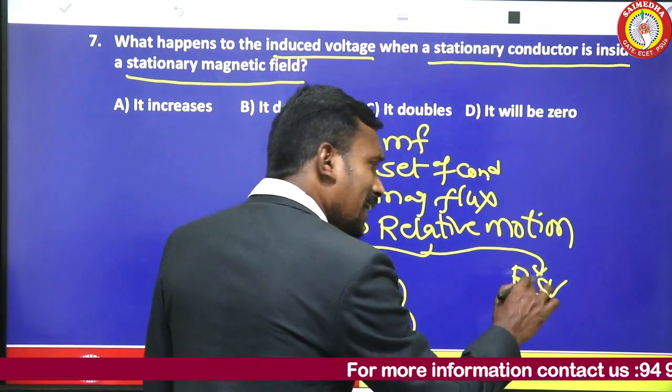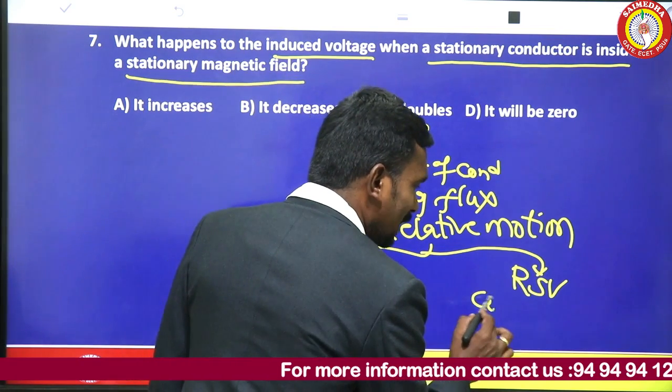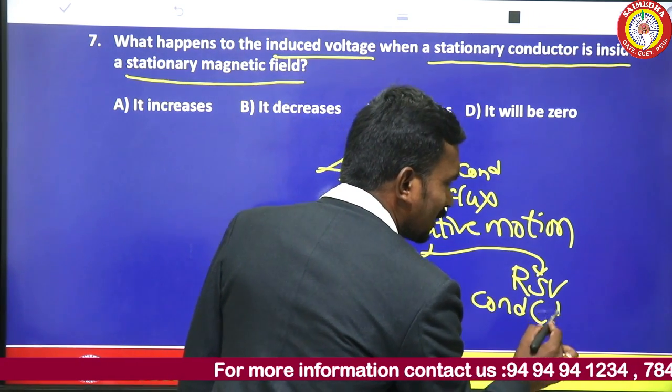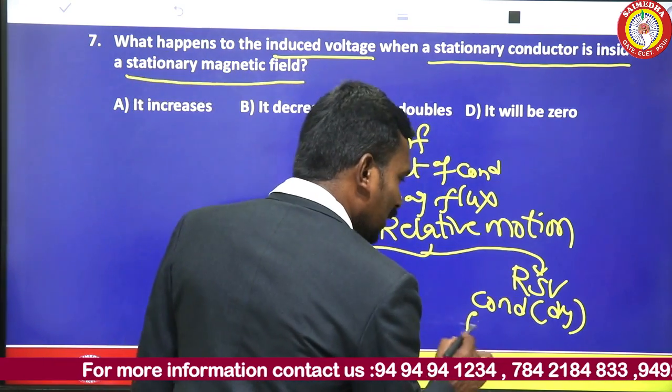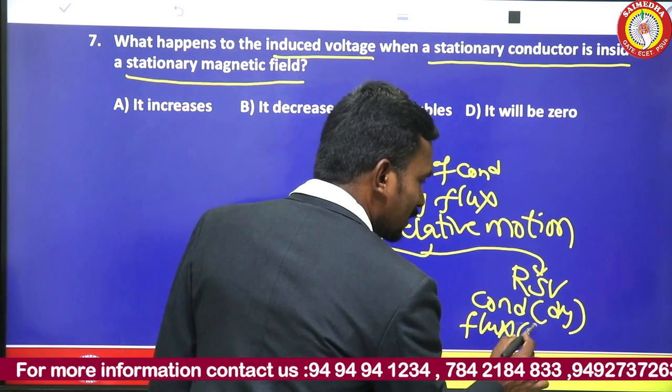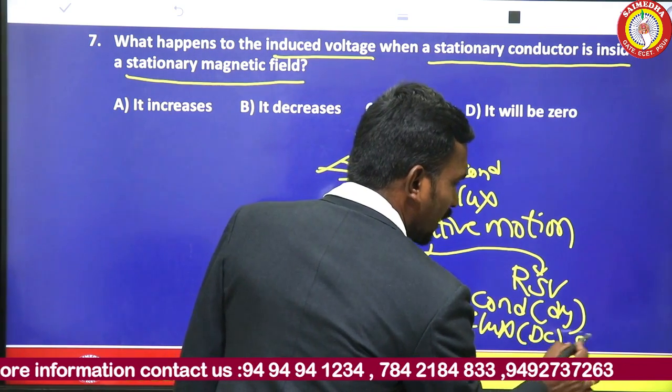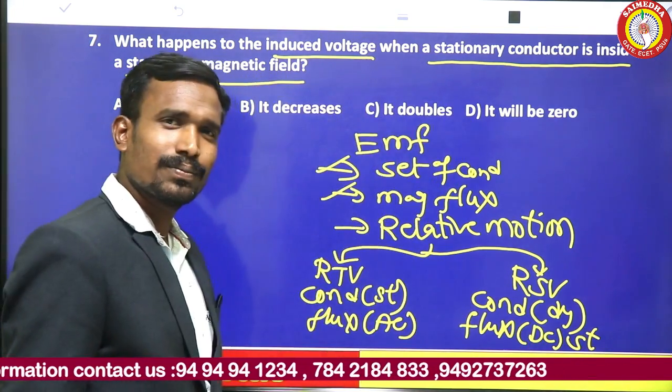In relative space variation, the conductors are rotating, nothing but dynamic conductors, and the magnetic field is DC, which is called a stationary magnetic field.